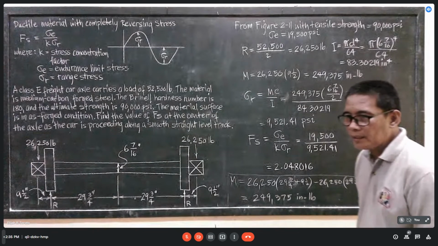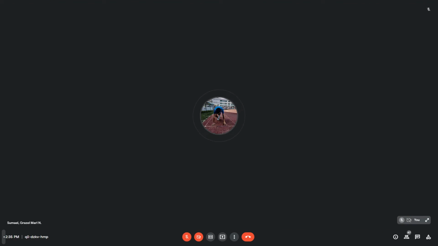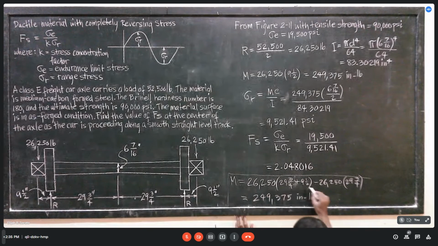Class, do you get that, class? Yes, sir. You try to simplify this because this is a moment of a couple. So 26,250 times 29 plus 26,250 times 9.5. The 29 terms are negative and positive, so these two will cancel and what you will get is 26,250 times 9.5.